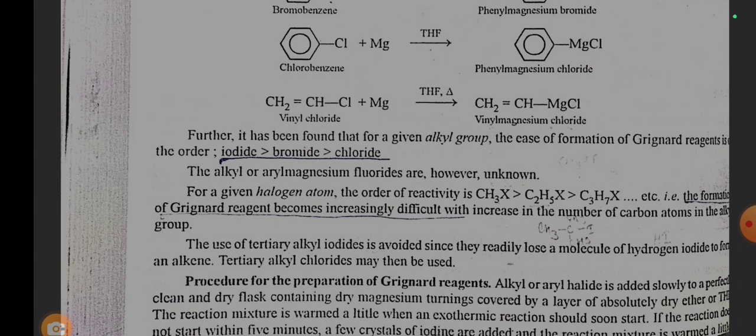Further, it has been found that for a given alkyl group, the ease of formation of Grignard reagent is of the order iodide is greater than bromide is greater than chloride. The alkyl or aryl magnesium fluorides are however unknown.